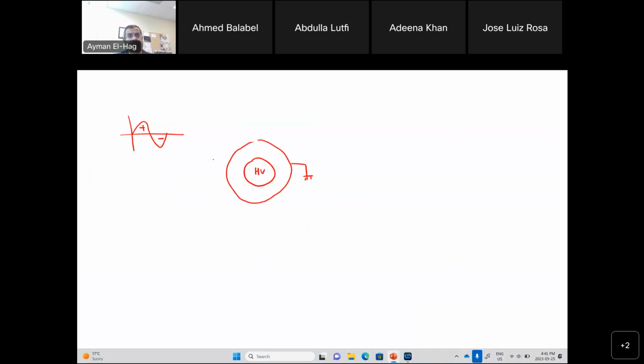Okay. Now, every time you are basically reversing the polarity, the space charge, we call it the space charge, it neutralizes itself. There's no developed space charge between the high voltage electrode and the ground. But when you use DC only, one polarity, after stress, you will have here a space charge developed between the high voltage and the ground.